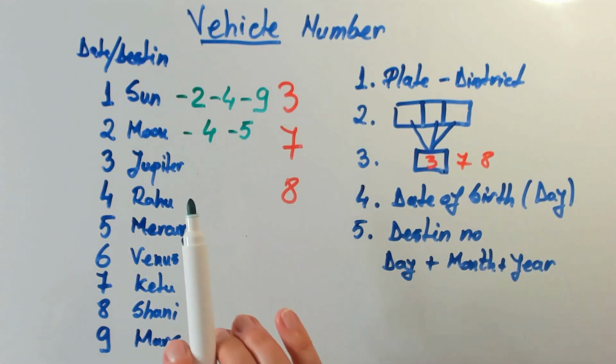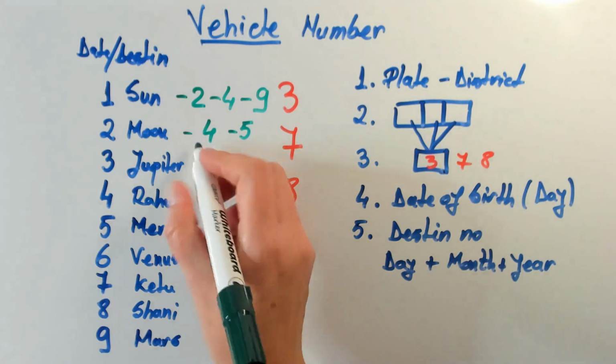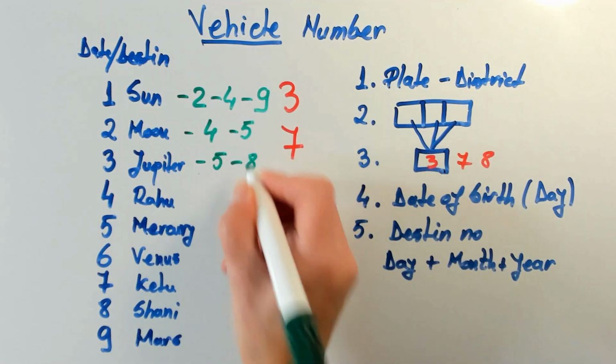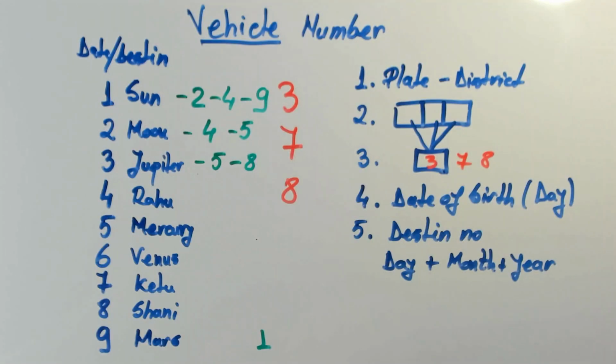Okay, now number 3. At first, number 3 is compatible with 5 and 8. Number 3 will change hands frequently. It is accident prone, so it will attract accidents because it makes fast movements.